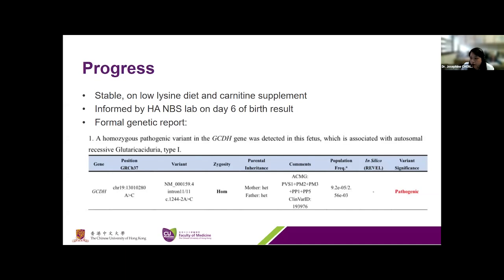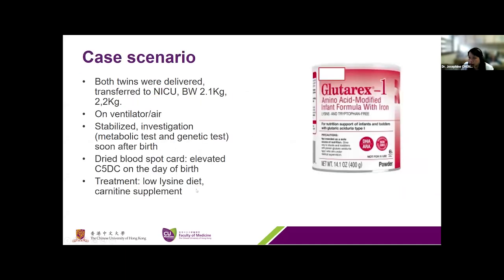This gene test found that the twin presenting with brain cysts is suffering from GA type 1, which is one of the IEM conditions. It's very clear-cut that the genomic finding is pathogenic, and after the patient was delivered we could give special treatment with a special formula, and the patient was stabilized.